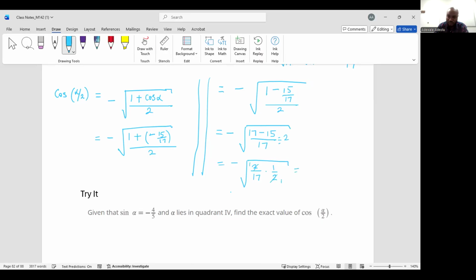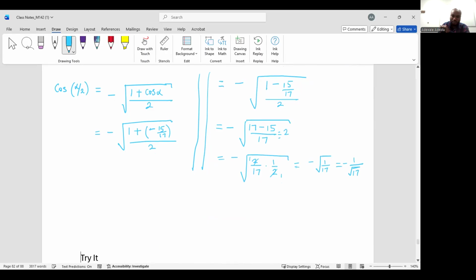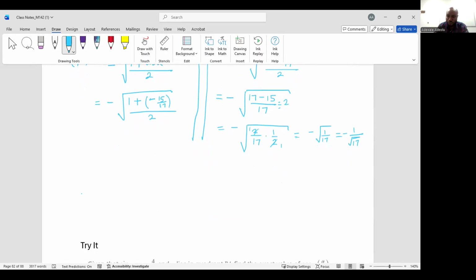So that is minus the square root of 1 over 17, which is minus 1 over square root of 17. We can rationalize that: minus 1 over root 17 times root 17 over root 17. And our answer is minus root 17 divided by 17.